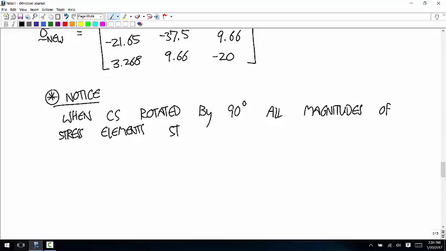They just move to new locations in the stress tensor. They just mean different things.